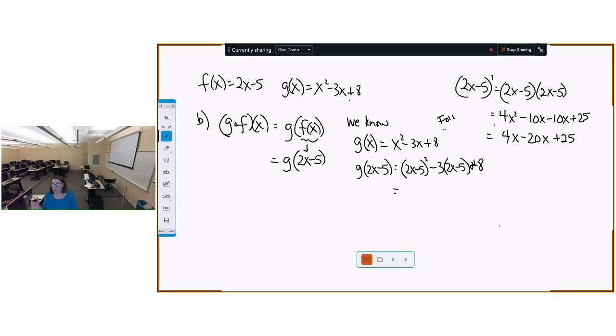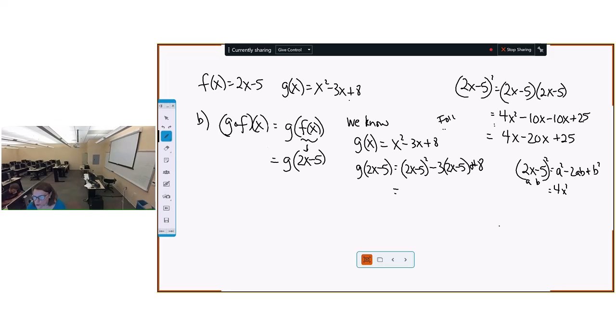Okay, on the side, I'm going to show you a shortcut for that, and then I'll go back to the problem, okay? When you have 2x minus 5 squared, this is a special product. I'm going to call this a and this b. What you do is you take a squared minus 2ab plus b squared. If that had been a plus 5, that would be a plus 2ab. So basically, the first term in the binomial you would square, which would be 4x squared.